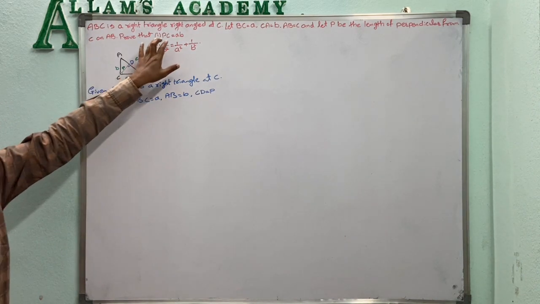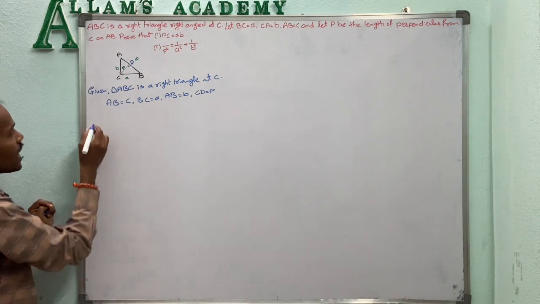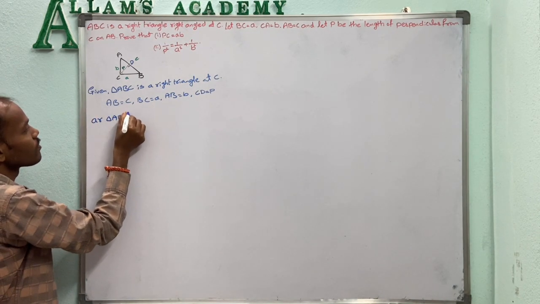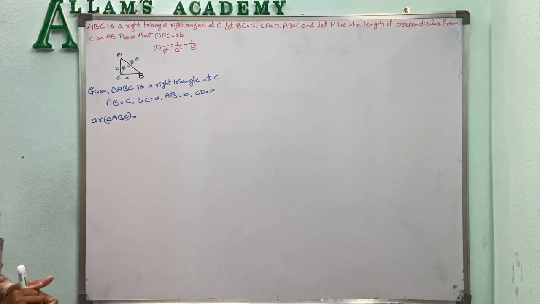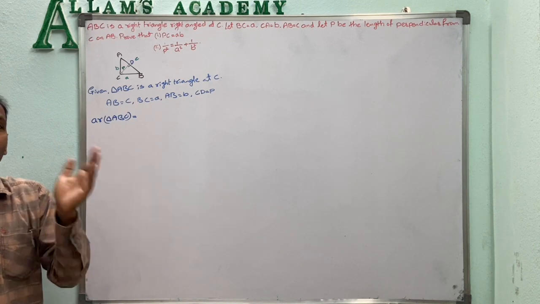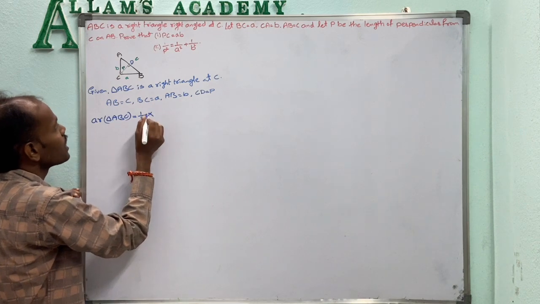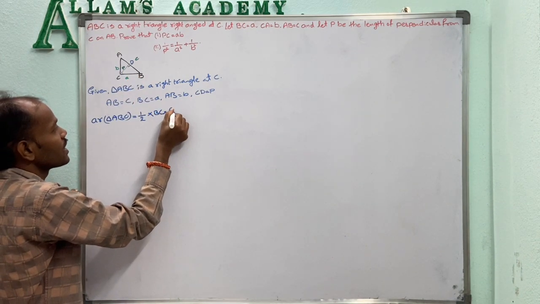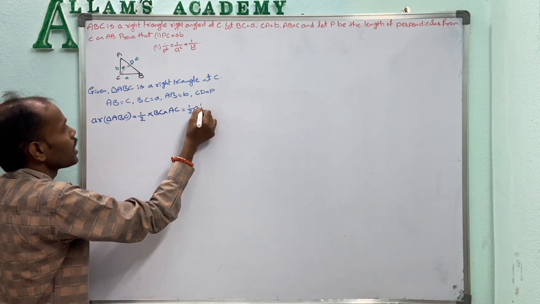Now we have to show that p times c equals a times b. For that purpose, if we find the area of triangle ABC, ABC is a right triangle, so area equals half into base into height. So half into the base, here the base is BC and the height is AC, that means half a b.